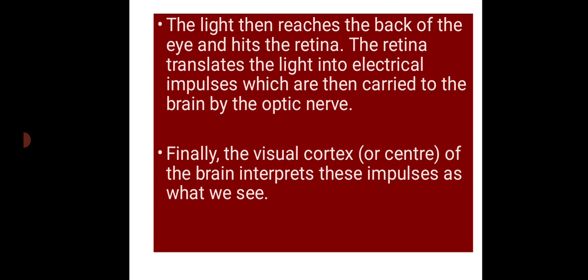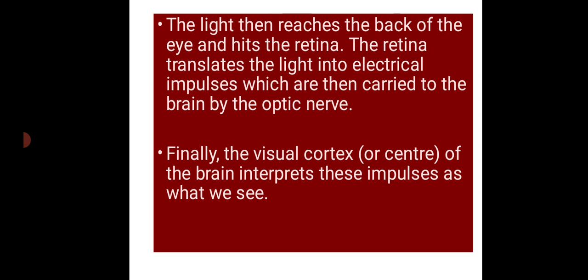So finally, the visual cortex, or center of the brain, interprets these impulses as what we see. So it is the brain that helps us to interpret whatever we see, and that explains how we see.